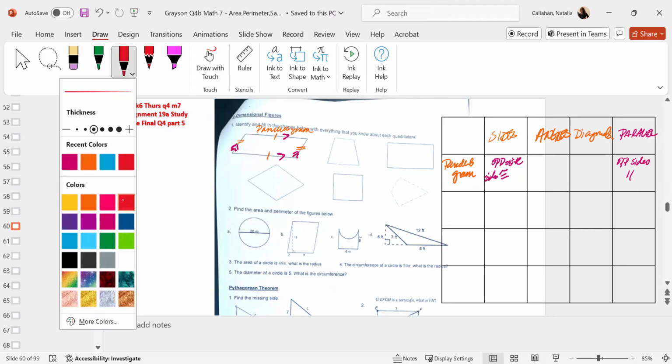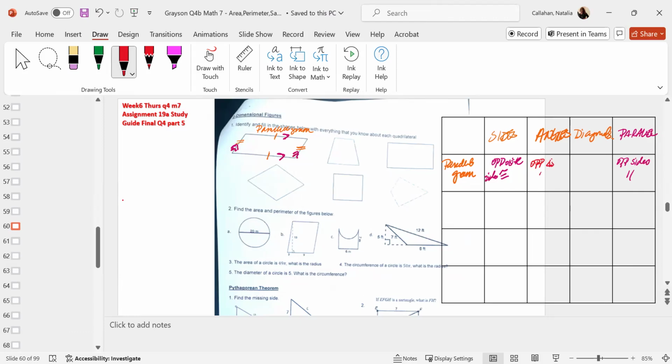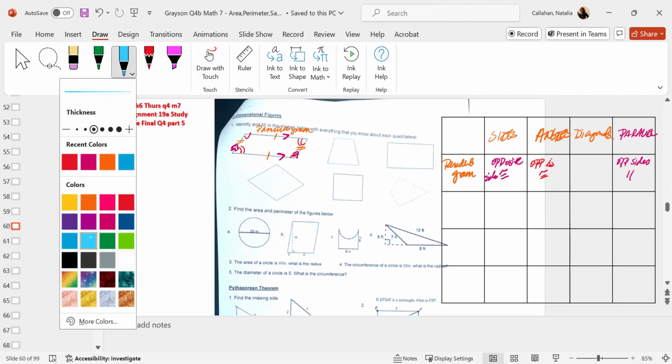Angles. Opposite angles are congruent. So make sure you draw that. Label it on your paper. Then draw the diagonals.